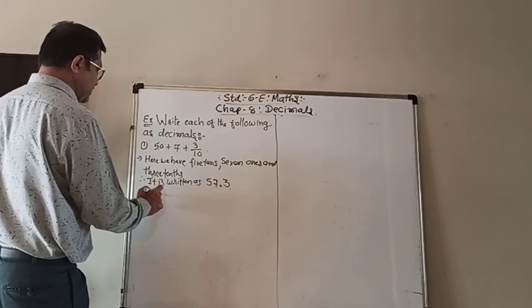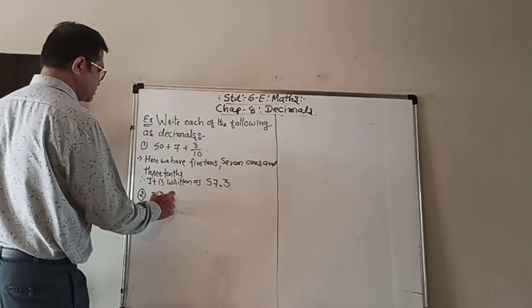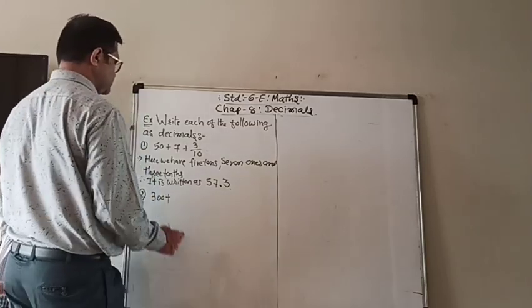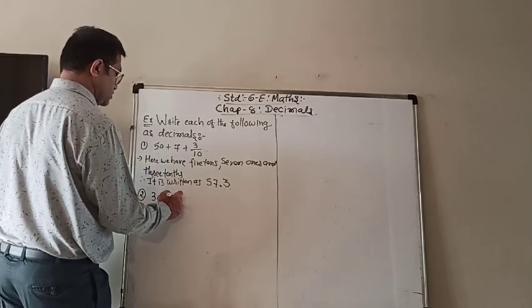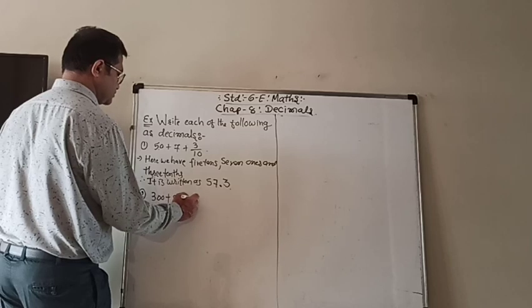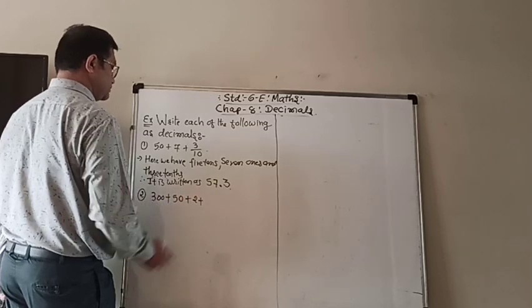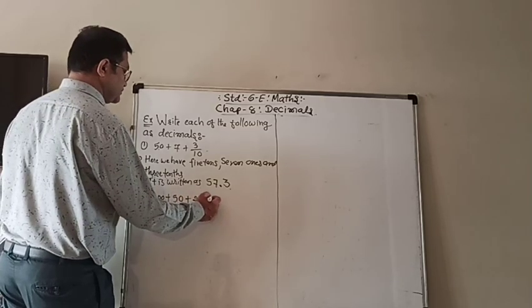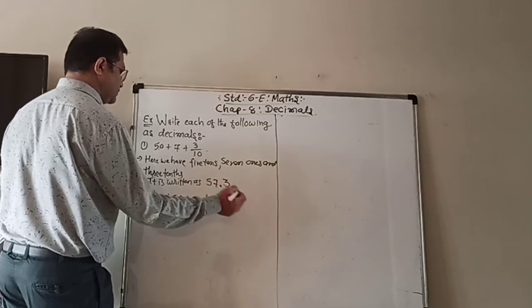Now let's take another one like 300 plus 50 plus 2 plus 4 upon 10.